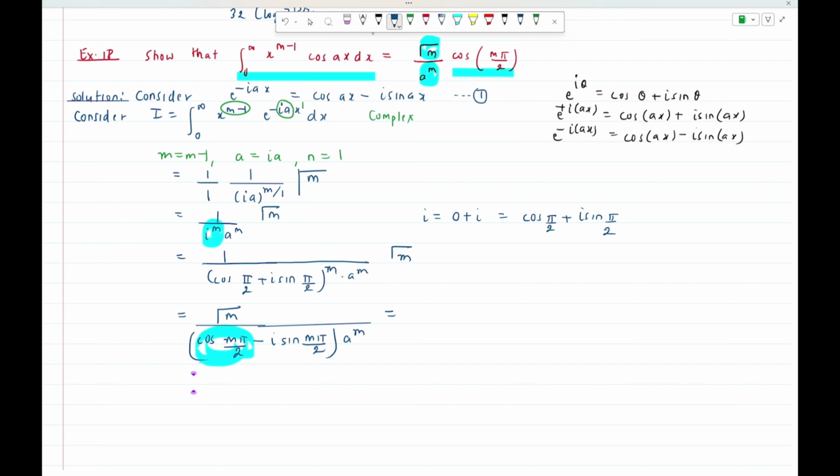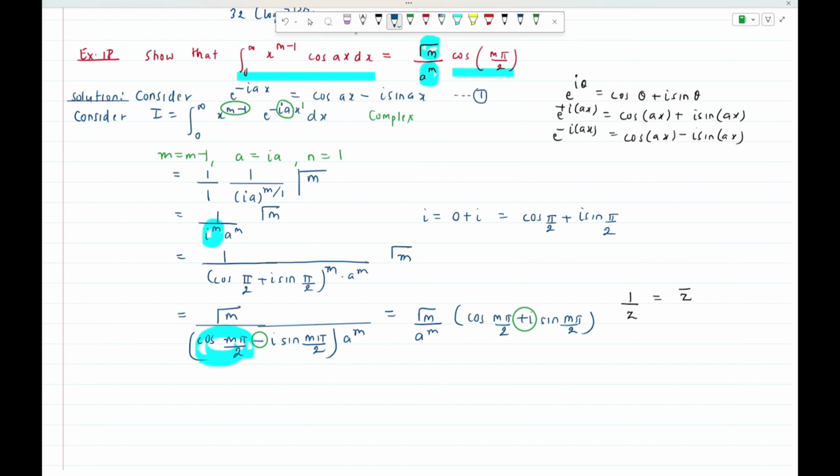So we simply are going to move it up, and since this is a complex number, you have got 1 over z, and 1 over z can be rewritten as z bar, that's the conjugate of z. So we get gamma m by a raised to m, and then we have cos of m pi by 2 plus i times sine of m pi by 2. So you can see that we have taken the complex conjugate. So here it was the negative sign, and here we have the positive sign.